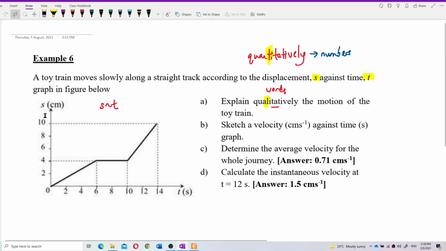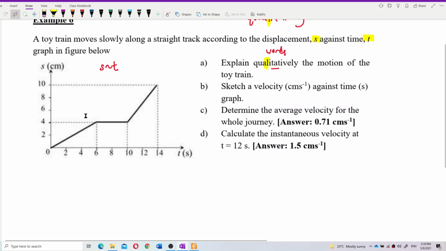So we look at this displacement time graph. What do you think is how the toy train moves? We can see here the graph is all above the time axis. Above the time axis means all displacement is positive.